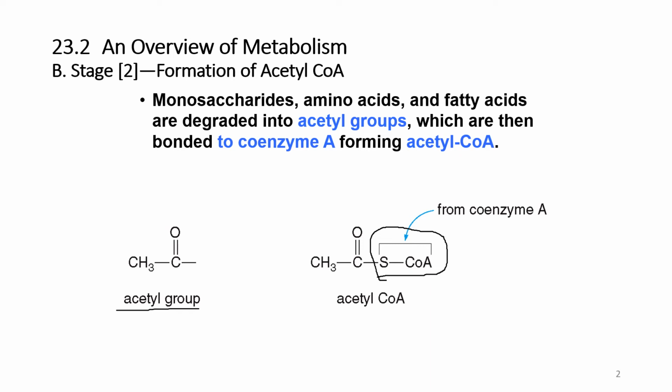There is what we call a thioester linkage between a 2-carbon acetyl group and coenzyme A. So thus acetyl-CoA. And we've just seen in the prior slide that monosaccharides, amino acids, and fatty acids are dismantled, degraded into acetyl groups, which are then bonded to coenzyme A.